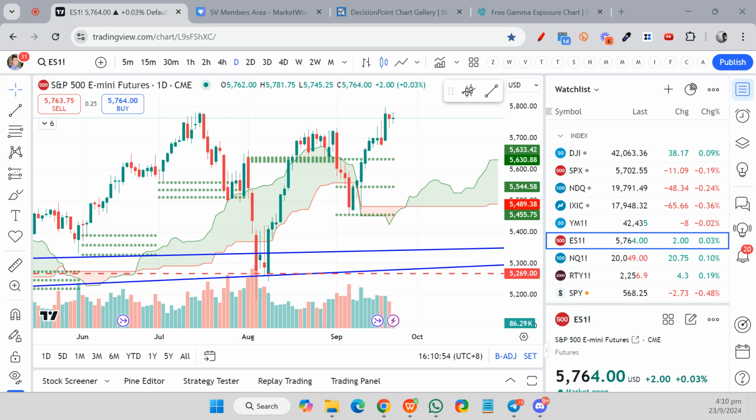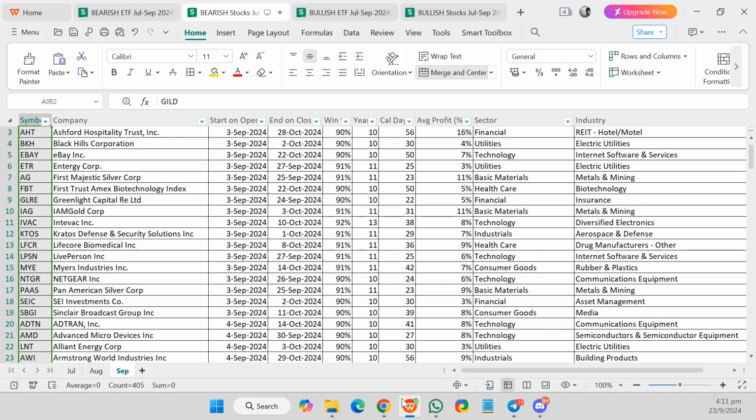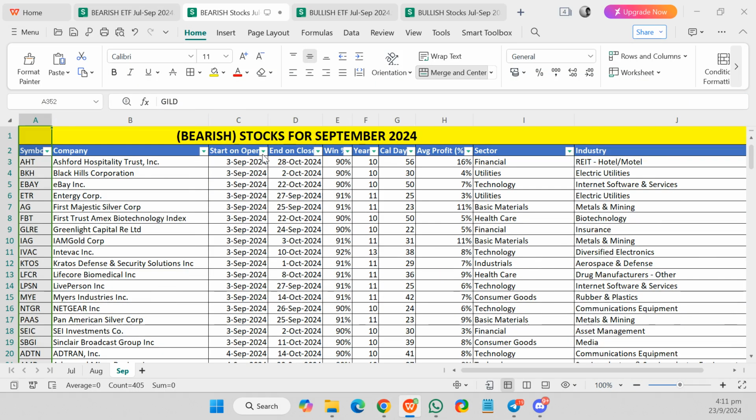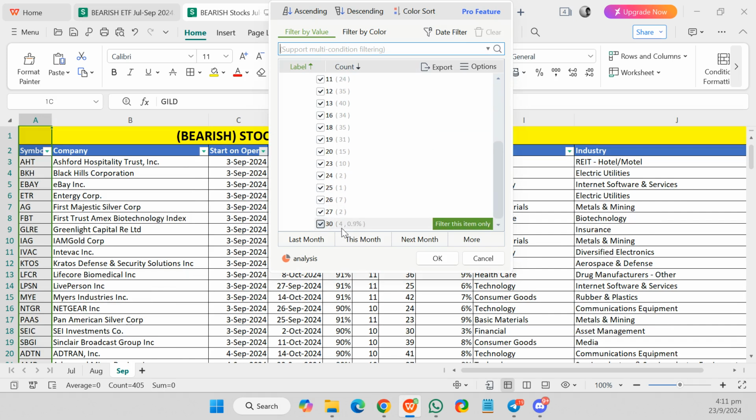So for this week, typically it's Sunday to Sunday, so 22nd until 29th. But since 30th of September is the last day of the month, I'll push the filter date from 22nd until the 30th of September, so until the end of September.